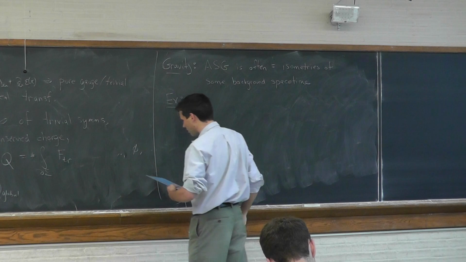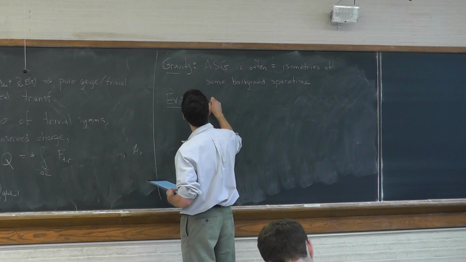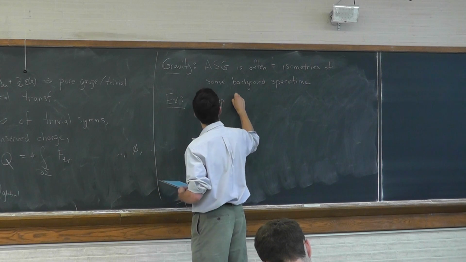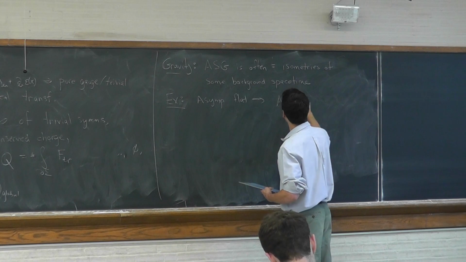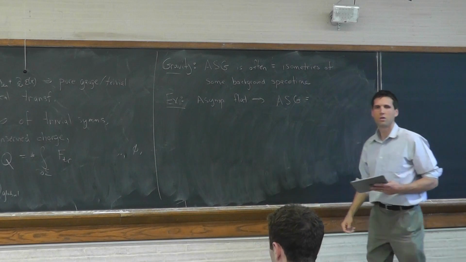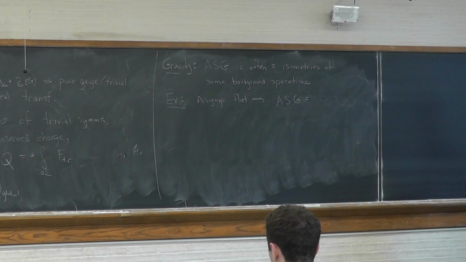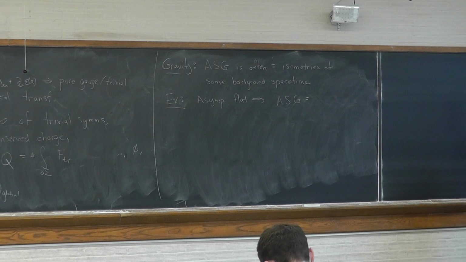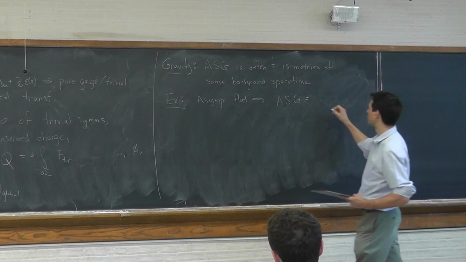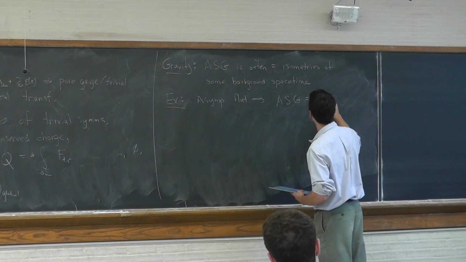So for example, in asymptotically flat space, as I was describing, you can check that when you impose the boundary conditions that say that the metric dies off at spatial infinity, the only diffeomorphisms that have finite associated charge, when you evaluate the Hamiltonian, the only ones that are finite at infinity are the Poincare charges, so the ASG is the Poincare group.